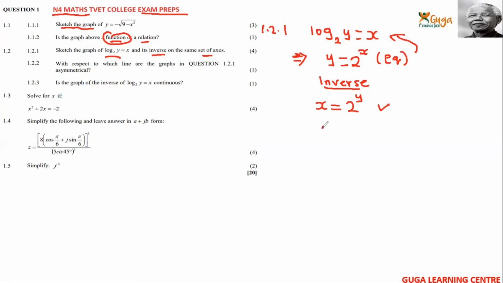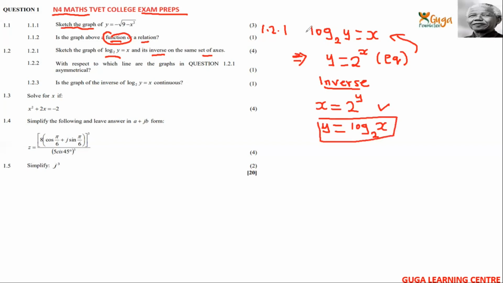And then for us to write the inverse in log form, you say y is equals to log base 2 of x. So this is the inverse, right?